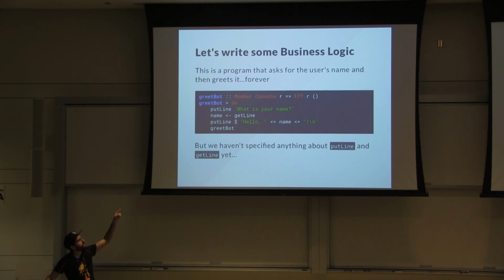The Member Console constraint, the Member AB constraint, is coming from Freer. So that is not something that you will find outside of Freer, but you might be able to define it and make use of it in other cases. It is literally just a type level membership constraint, not strictly useful for Eff.